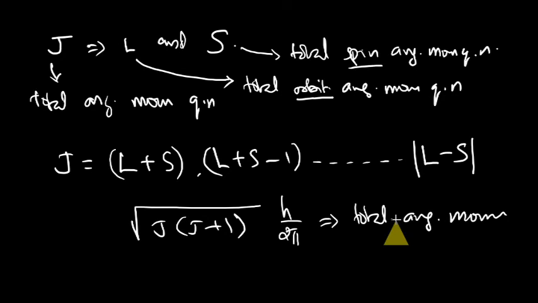And in Russell-Saunders coupling, the individual orbital angular momenta are coupling to give a total orbital angular momentum. And individual spin angular momenta are coupling to give a total spin angular momentum. And the total spin angular momentum and the total orbital angular momentum then couple to give a total angular momentum.